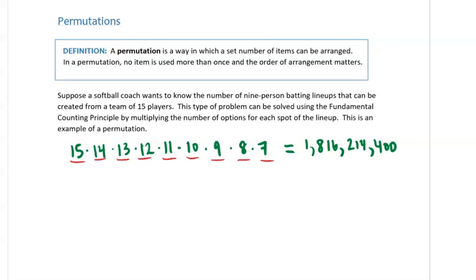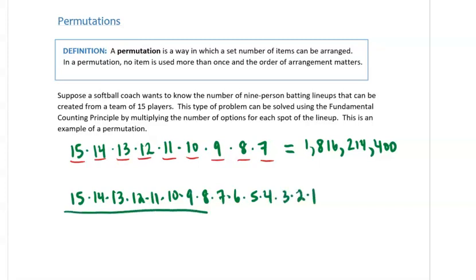Now, to develop a formula for permutations, we will use this example. Notice that the calculation that was just performed is the same as if we took 15 factorial and divided it by 6 factorial.